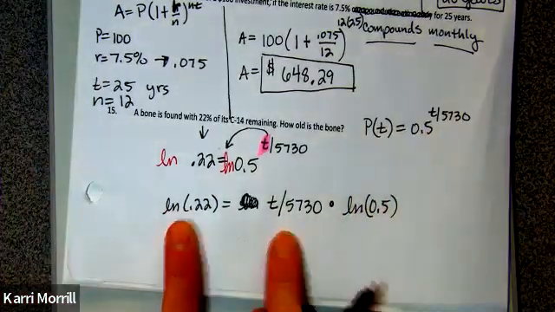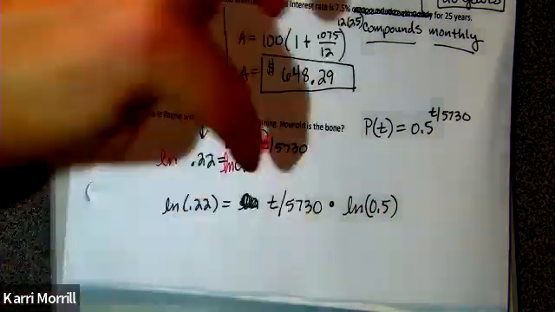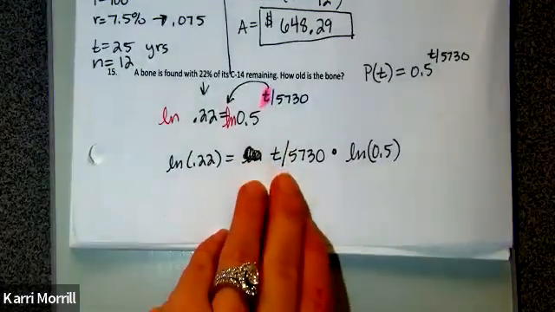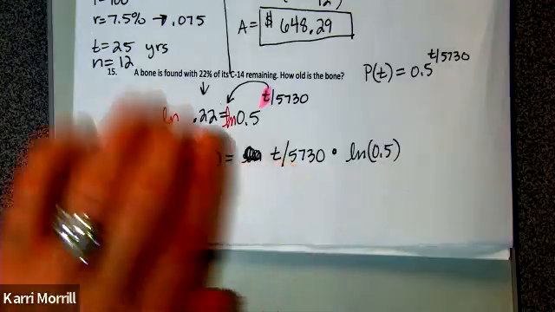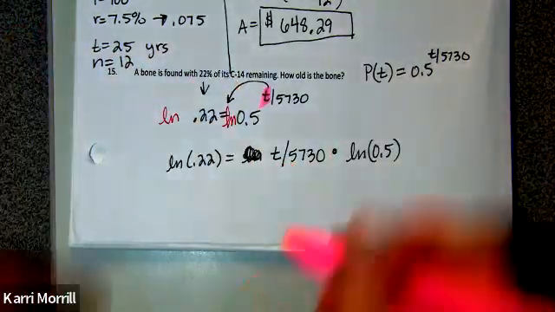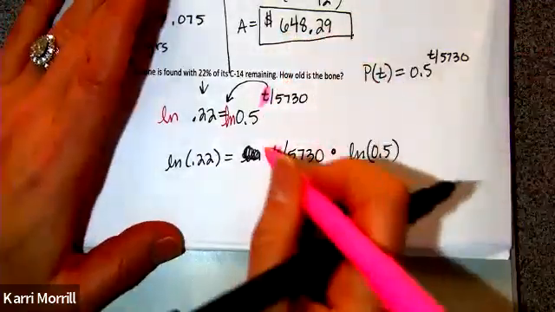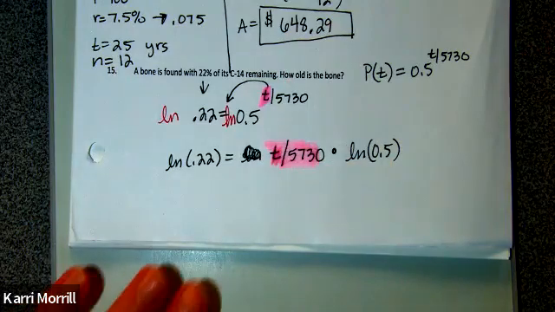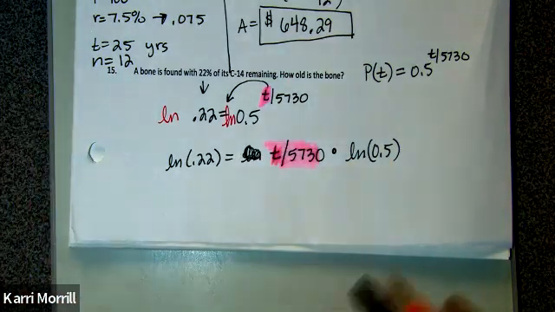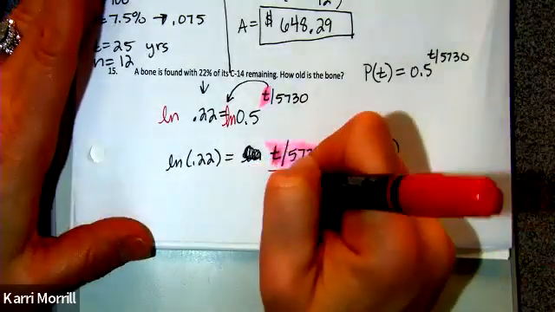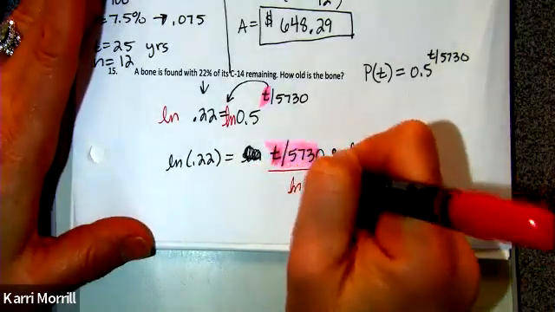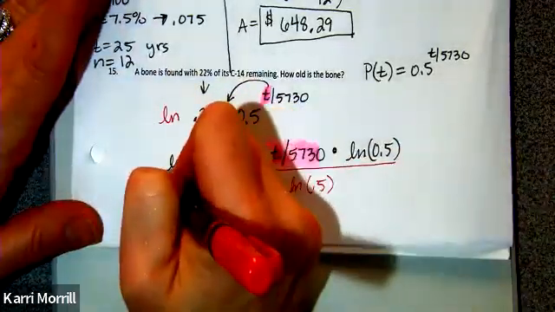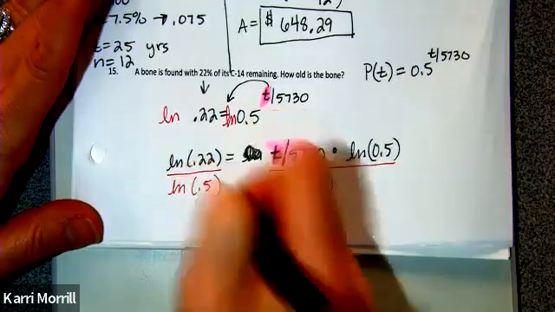Technically, you could have written that first and just said times T over that, but we're used to pulling our exponent in front, so I just try to stay consistent. I write the fraction like this because it helps me see that if I'm trying to isolate T, this is the entire term I'm trying to get by itself first. So if I divide by the natural log of 0.5 to make that cancel out, then I have to divide by the natural log of 0.5 over here as well.